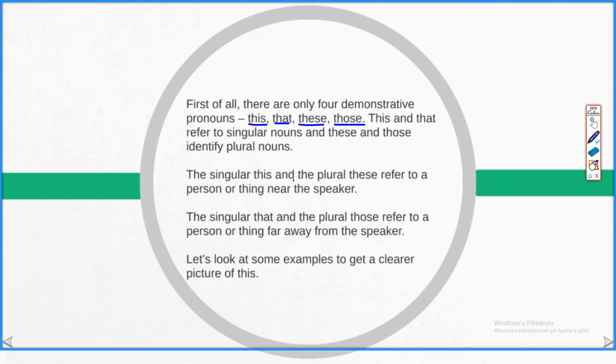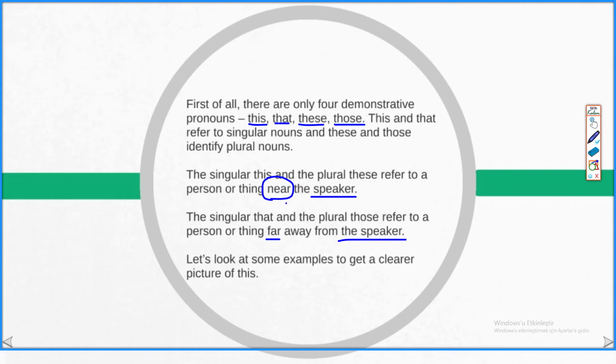The singular this and the plural these refer to a person or thing near the speaker. Okay. It means near. Don't ever forget that. The singular that and the plural those refer to a person or thing far away from the speaker.